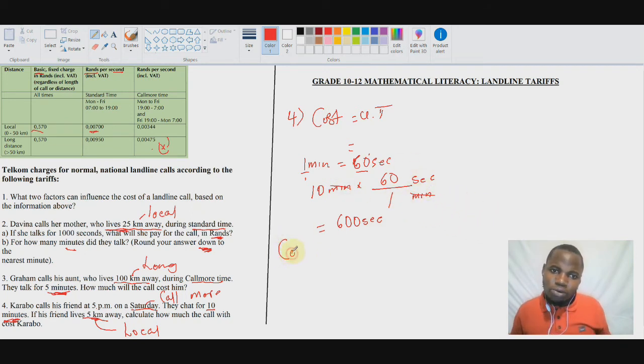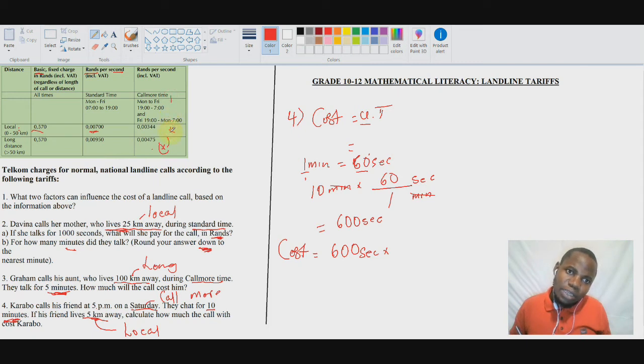Now you go further and calculate your cost. Your cost is what you have used times tariff. What you have used is 600 seconds, okay? What is the tariff there of a local call more time? You go again. The call we said is local. You go local, call more, that's where they meet.